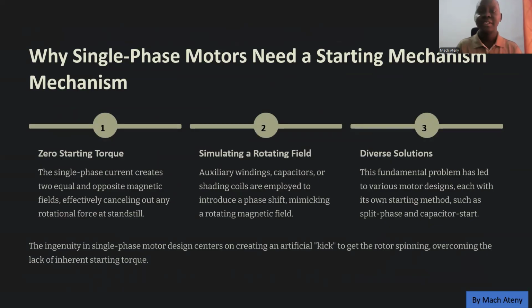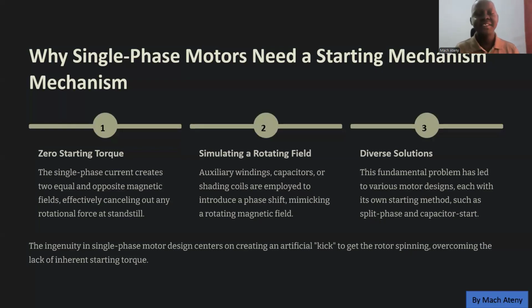So here we come to why a single phase motor needs a starting mechanism. We have zero starting torque, and we need to stimulate a rotating field. We have diverse solutions.